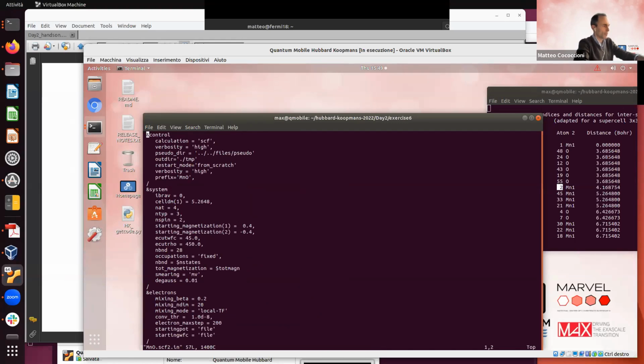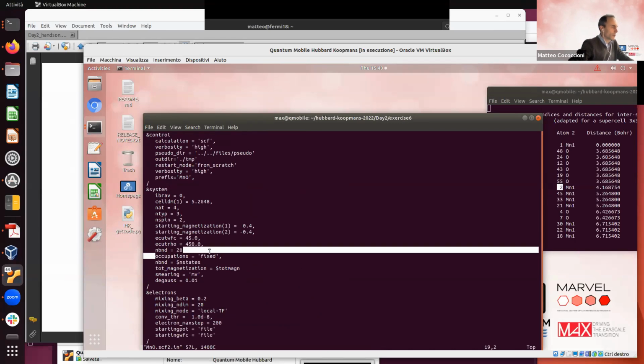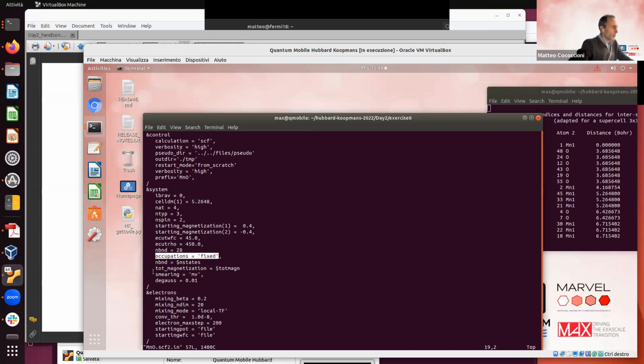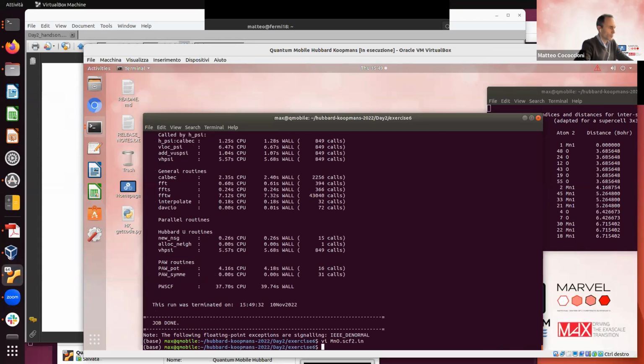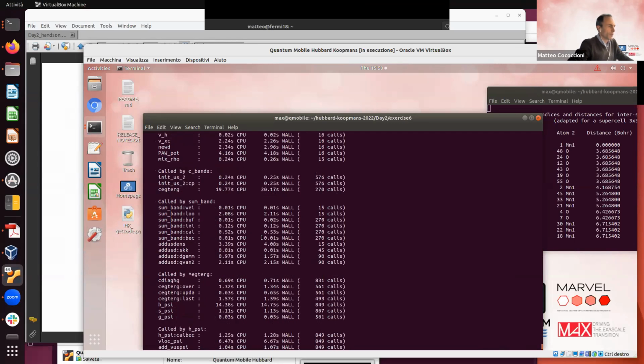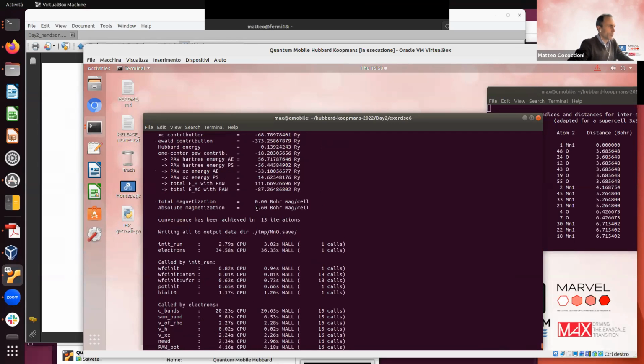So after this SCF calculation, you have to run another SCF with occupation fixed, and then NBND equal to the value that we had before, and then total magnetization given to us in the previous one, we have it here, 7.6 total magnetization.